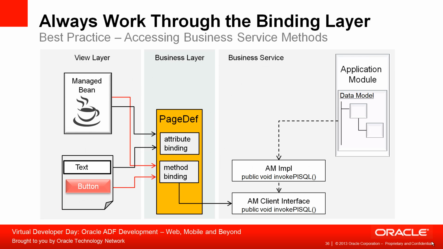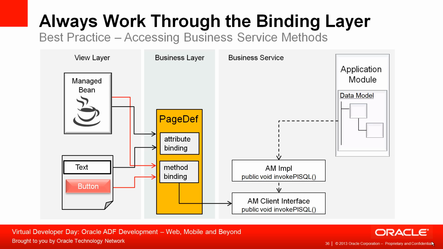Here's an example. I have my business service model there and the view object or the application module has an impl file that exposes a method like here, invoke PL/SQL. Then on the binding layer, I create a method binding and I have two options here. I could drag and drop from the data control palette or go to the page definition file to the editor and use the green plus icon on the binding section to create that method binding.